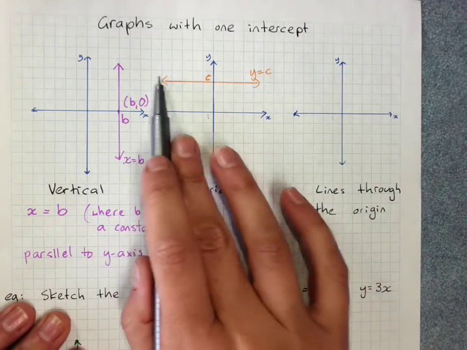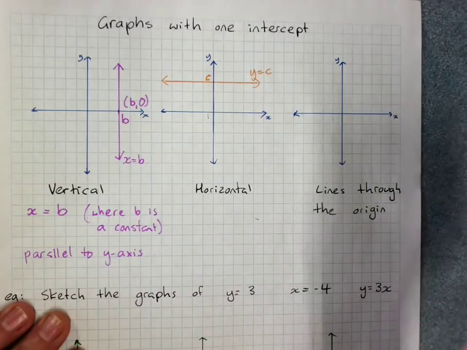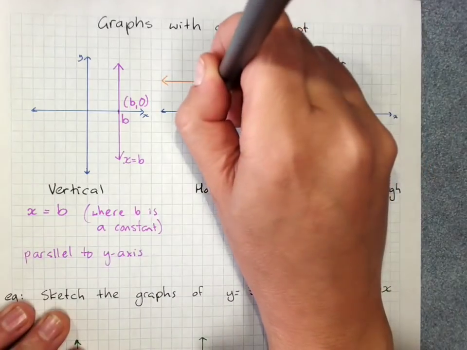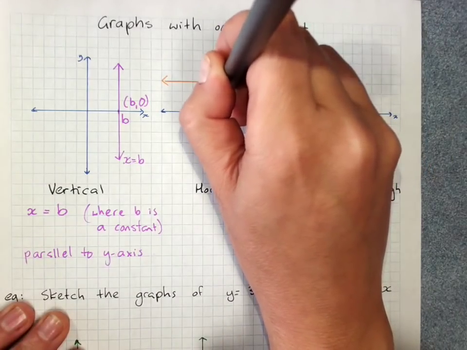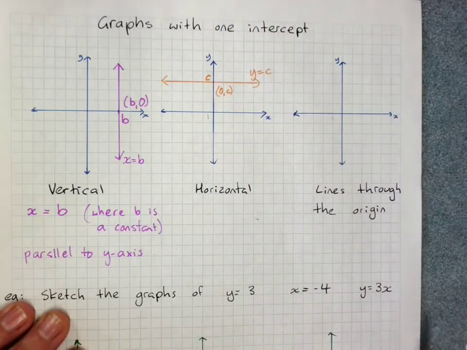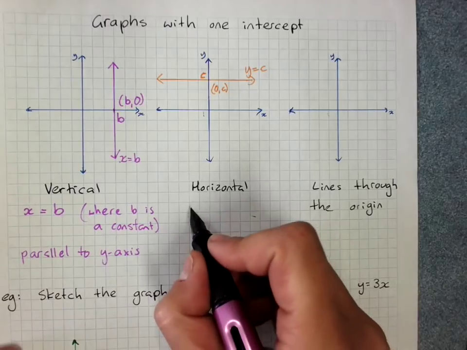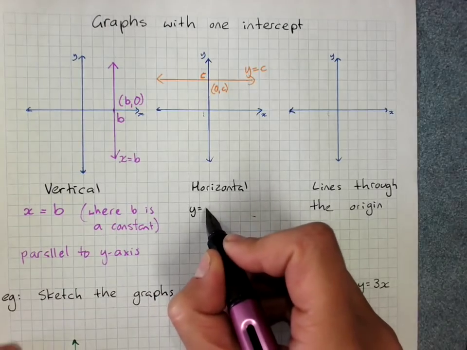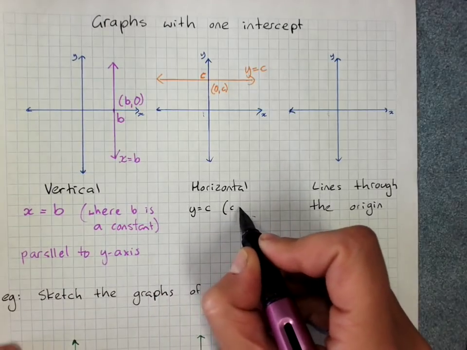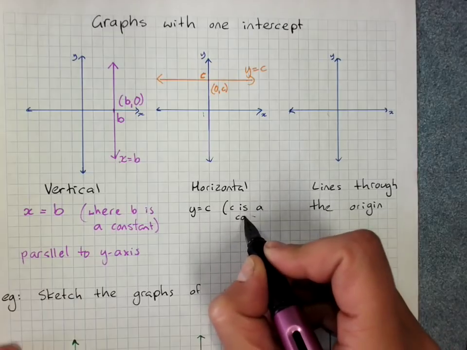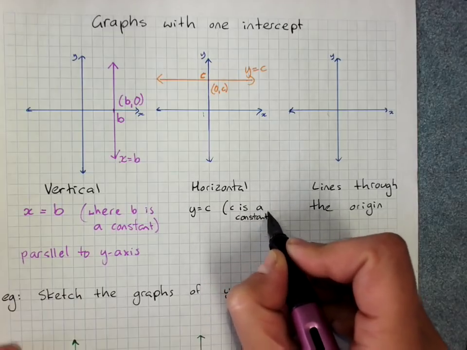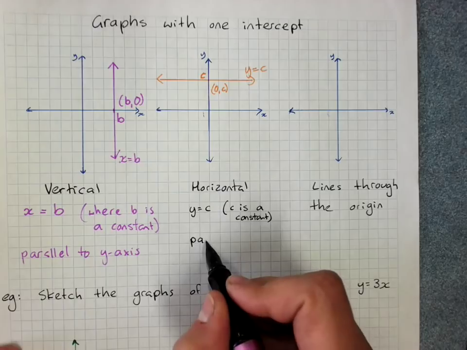It is parallel to the x-axis, and the y-intercept coordinates are, of course, (0, c). The equation takes the form y equals c, where c is a constant, and it is parallel to the x-axis.